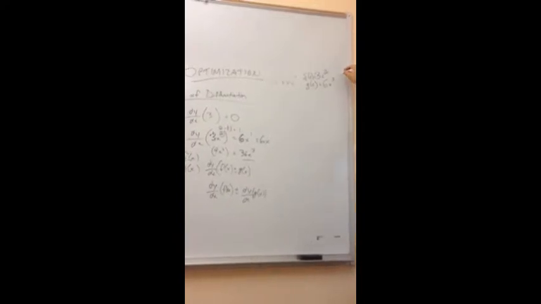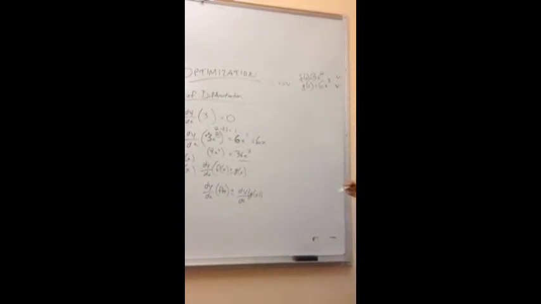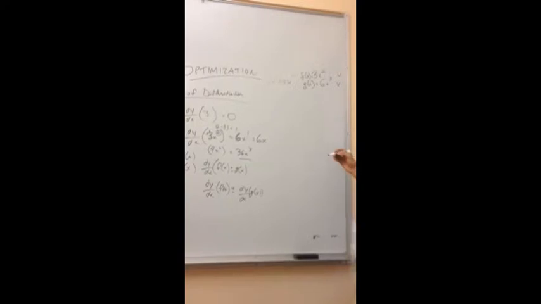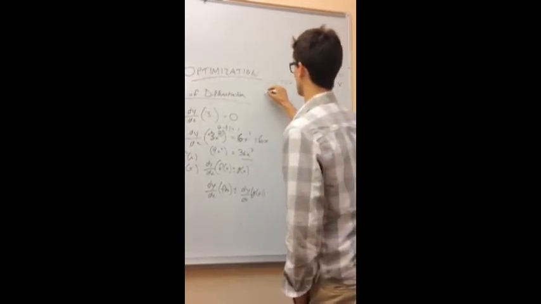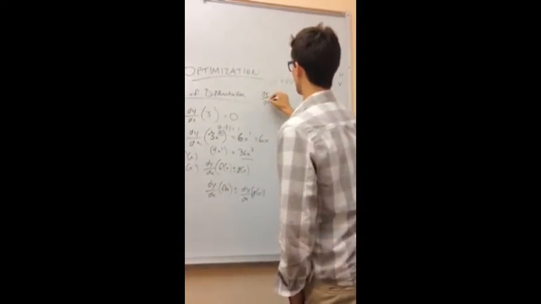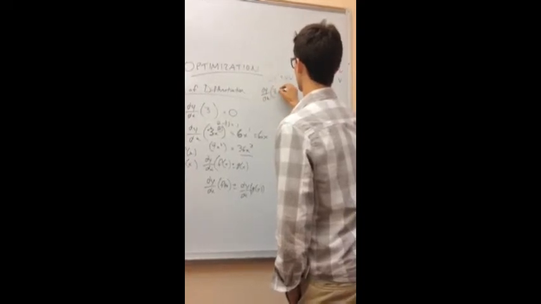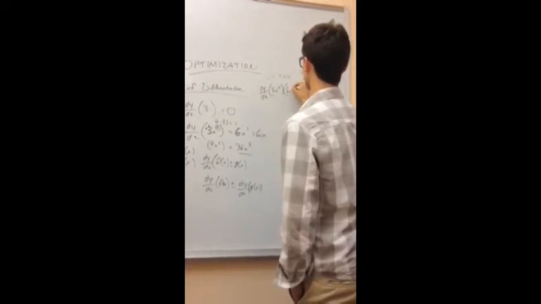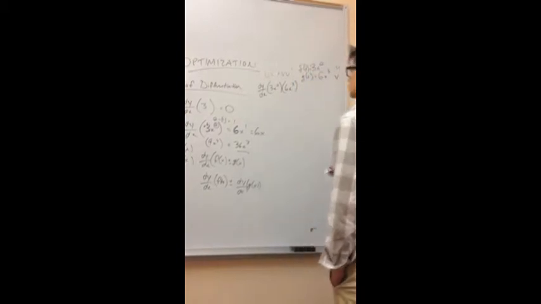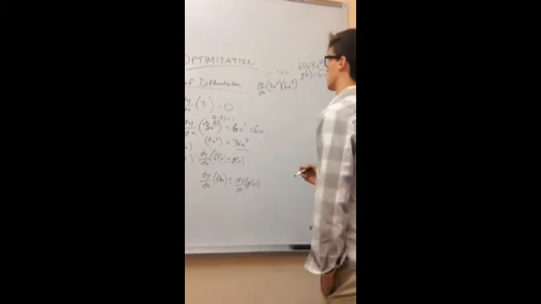Say we can call this one u and this one v. Say the problem asks, what is the derivative of 3x squared times 6x cubed? There's a special way that we have to do this, and that would be using the product rule.